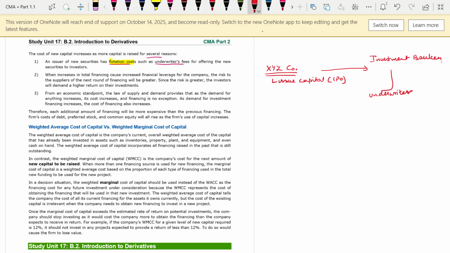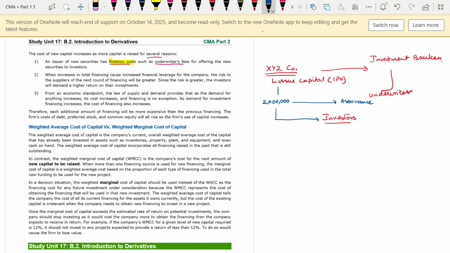Now, once the underwriter is there, you are sending a message to the investors that these are my underwriters. The underwriters will give you an assurance that if you are selling 2 million shares, and the 2 million shares are not purchased by the investors, anything remaining, we will purchase.